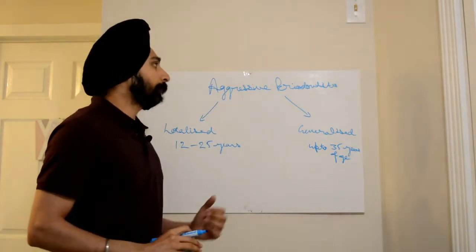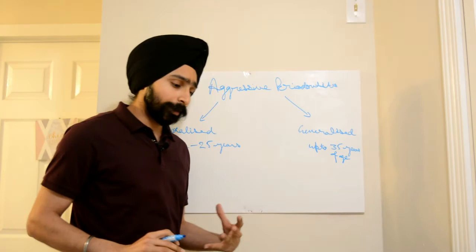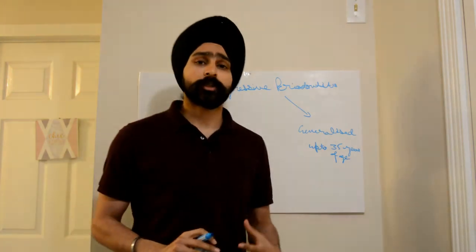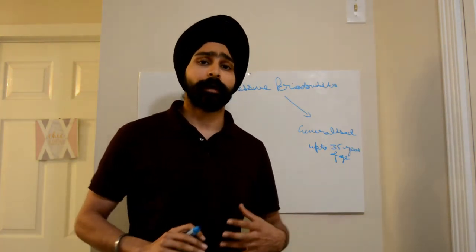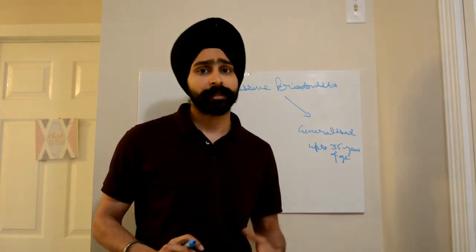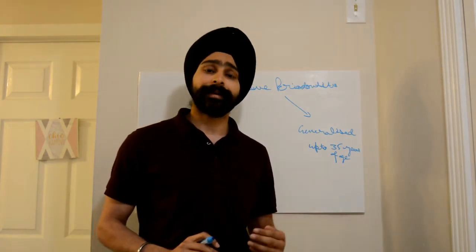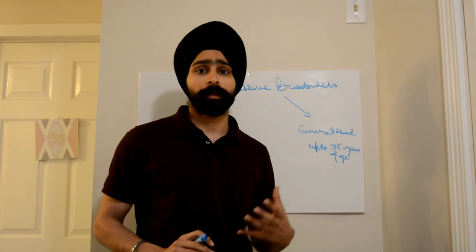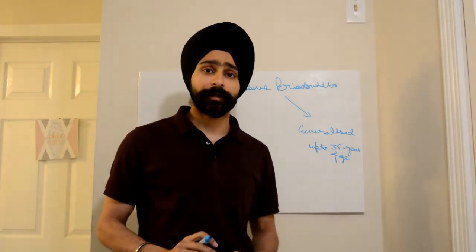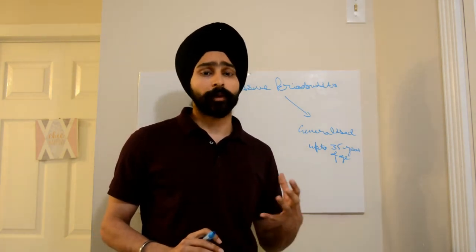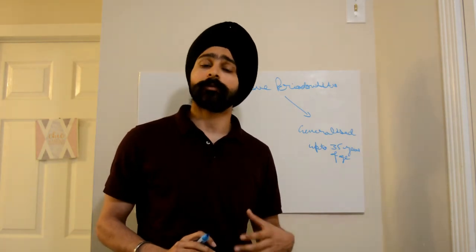Friends, always remember, aggressive periodontitis is a condition in which a patient does not have very much calculus present in his mouth, but there is rapid loss of bone or attachment apparatus leading to loss of teeth because of severe mobility.